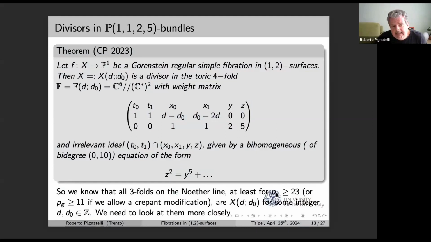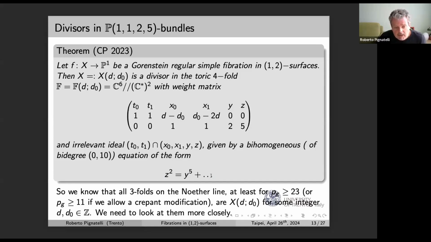I call X_{d,d0} any object of this form, which has at worst canonical singularities. The other assumption of simple fibration is automatic if you assume only at worst canonical singularities, and canonical relatively ample, and all the other assumptions.